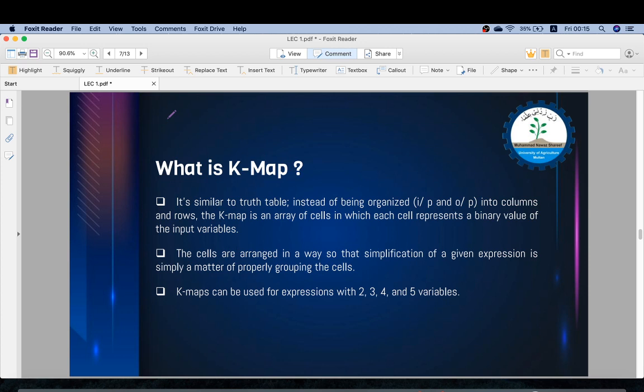K-maps can be used for expressions with 2, 3, 4 and 5 variables. Later we will study how the cells are grouped and solved for simplifying the Boolean expressions.